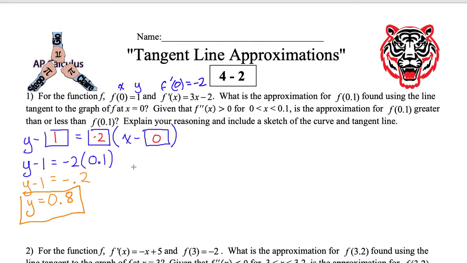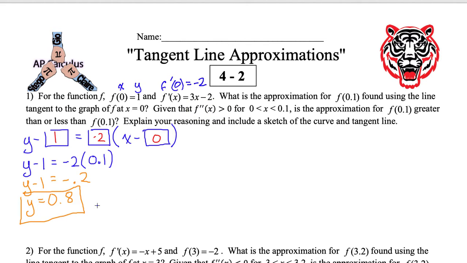But then it goes on and says, all right, we also know that f double prime of x, what is it talking about here? F double prime of x is concavity. It says the concavity is positive, so it's concave up for that interval that we were looking at. So then it asks, is that approximation greater or less than? We need to not only explain our reasoning, but also include the sketch of the curve of the tangent line. So if it's concave up, therefore it's going to be an under approximation.